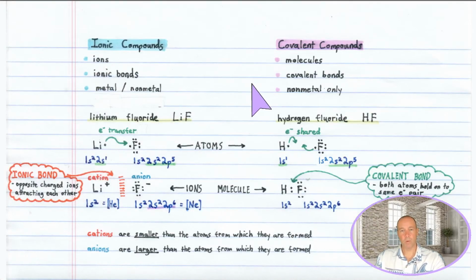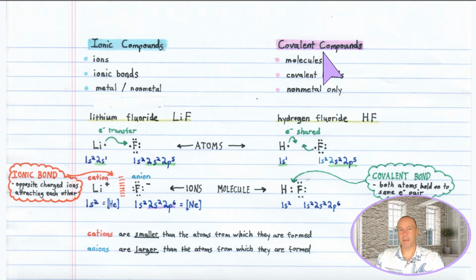Let's first recall what we did in our previous lecture when we compared ionic compounds with covalent compounds. Covalent compounds are made of tiny particles called molecules, and the atoms inside the molecule are held together through what are called covalent bonds.